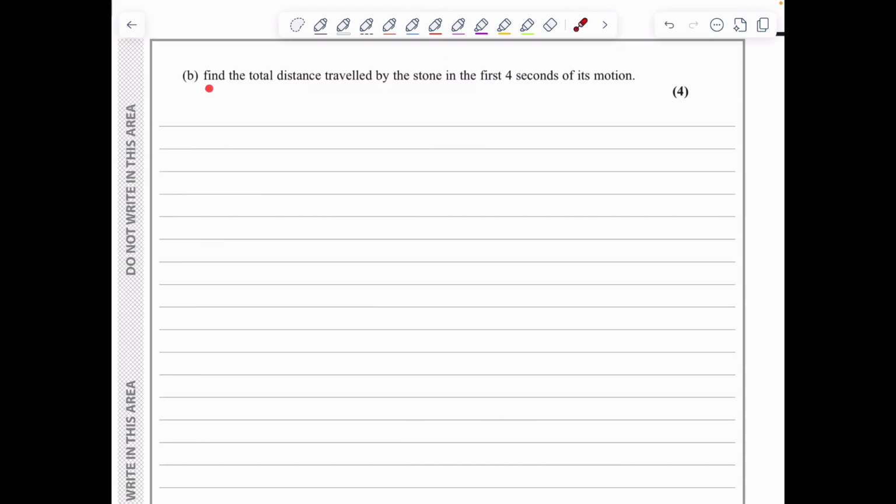In part B, we need to find the total distance traveled by the stone in the first 4 seconds of its motion. So let's refer to the diagram once more. We have already found that capital T is equal to 3. And I can exploit the symmetry: halfway through, I'm attaining the maximum height, so when t is equal to 1.5.